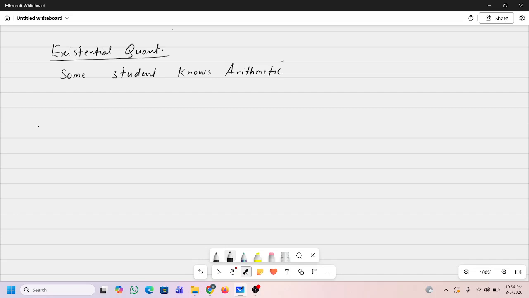I can write it like this: there exists some student x, and once there exists has come, there should be an and. Then we write the predicate knows(x, arithmetic).